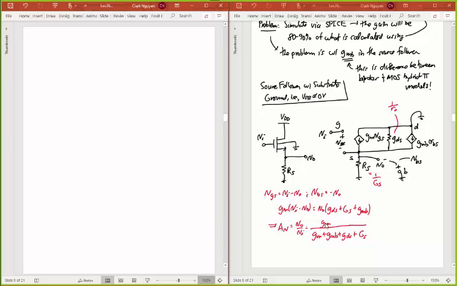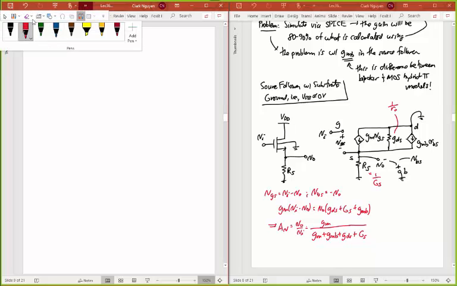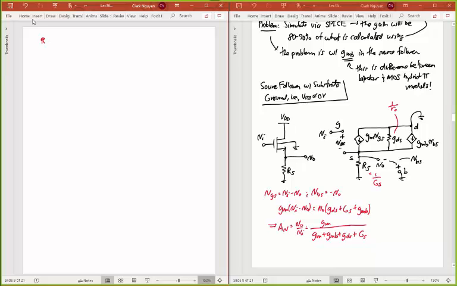Let's take a look at the case where this RS is a huge resistance, and usually, if we have the ideal case, that's what would happen. So if I take RS and let that go to infinity here, that's the same thing as saying that GS is going to 0. And that's the same thing as saying that we're looking at this circuit.